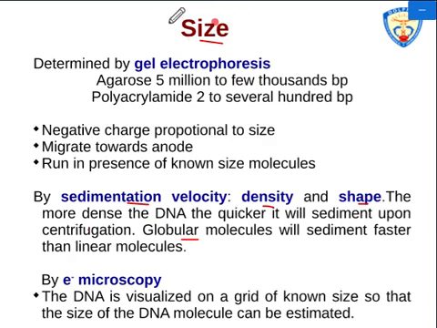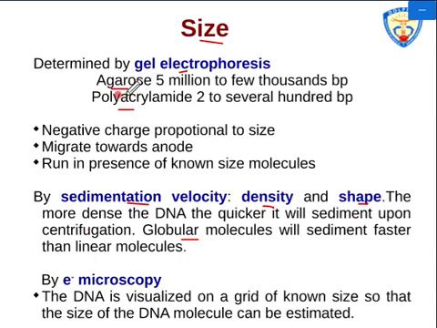Now to determine the size of a nucleic acid molecule, we use the technique of gel electrophoresis. Agarose gel electrophoresis we mostly use for the separation of nucleic acids. Polyacrylamide gel electrophoresis we mostly use for the separation of proteins.